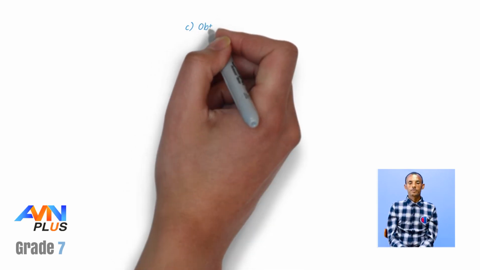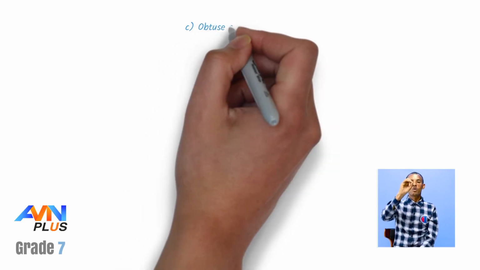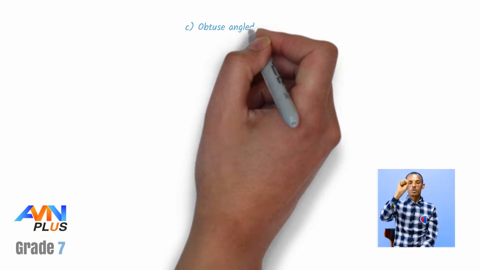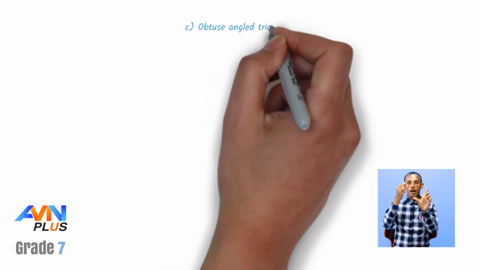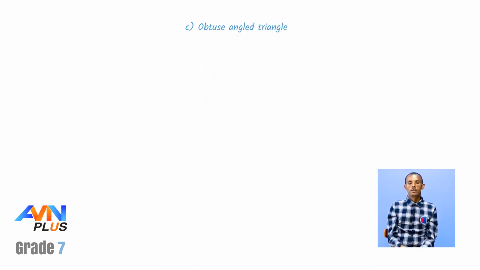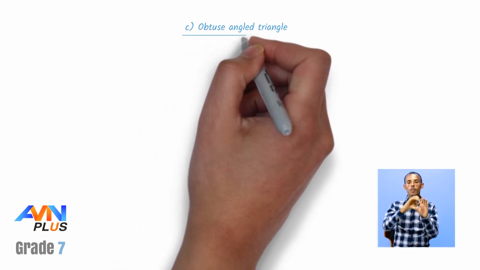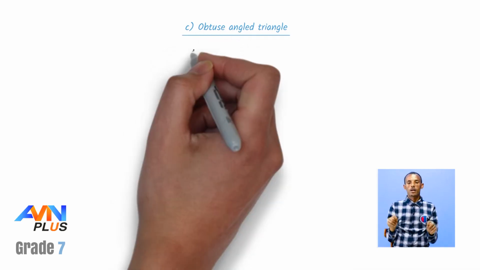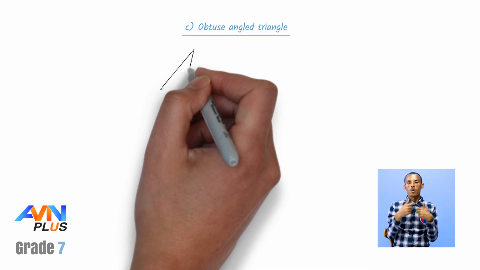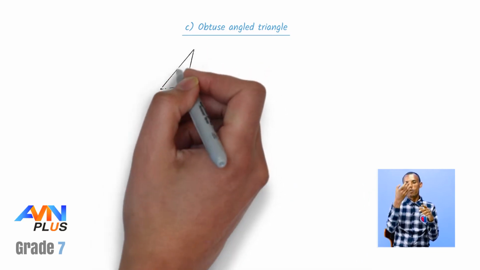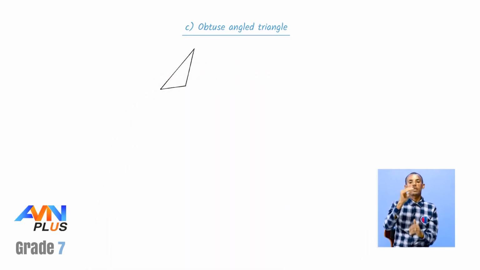Obtuse angled triangle. In this case you have such a triangle. It's obtuse: one of its angles is greater than 90 degrees. Such a triangle we call an obtuse angle triangle.